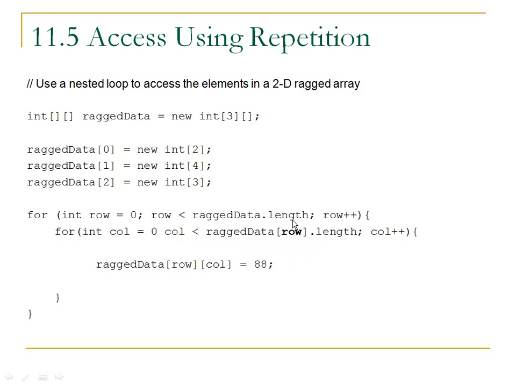The first dimension of the array, in this case 3, so ragged data's length returns 3, and then for each different row that we go through there will be a different length. But it's the same code as we had with the rectangular 2-dimensional array, and we decided to put 88 in every cell with the exact same loops.